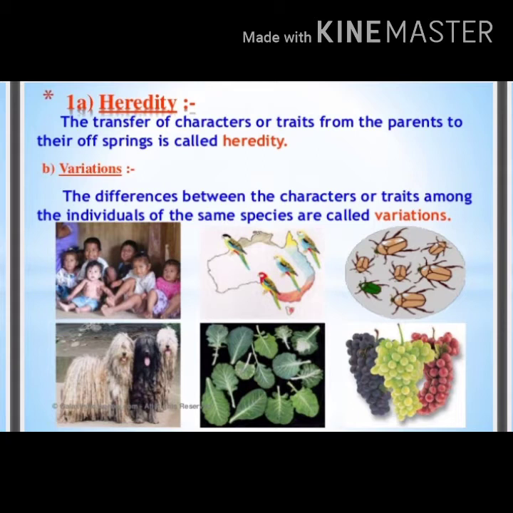We know that every parent or every organism reproduces either sexually or asexually to produce offsprings. Offsprings means young ones. Sometimes the offsprings are exactly the same as the parents in case of asexual reproduction, whereas sexual reproduction is always associated with changes.